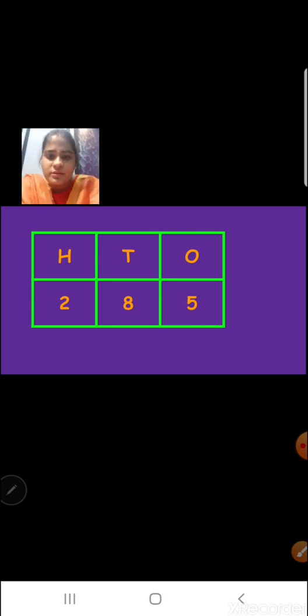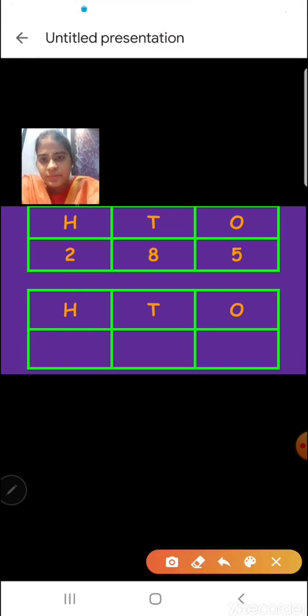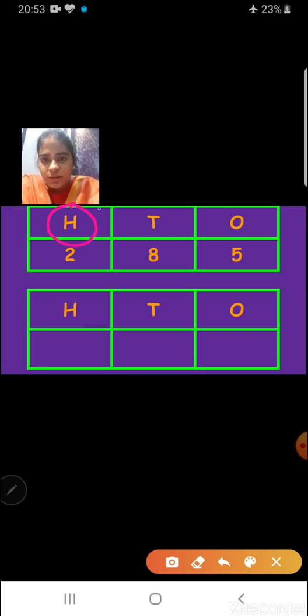Here the number is 285. Correct? Now, I have to round off 285 to the nearest 100. The ones place will become 0 directly. We don't have to look at it. Directly we put the 0. The tens place also becomes 0 here. No need to do anything else. Only for the hundreds place we have to see the digit in the tens place.